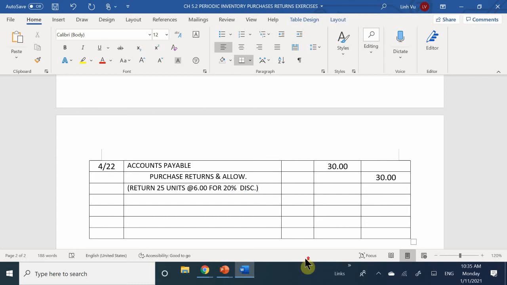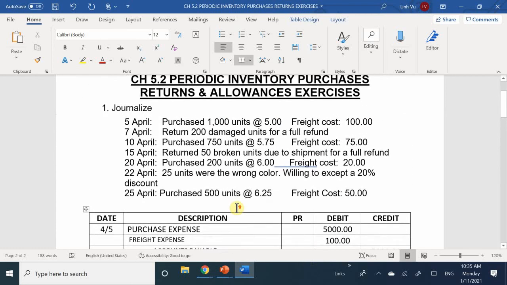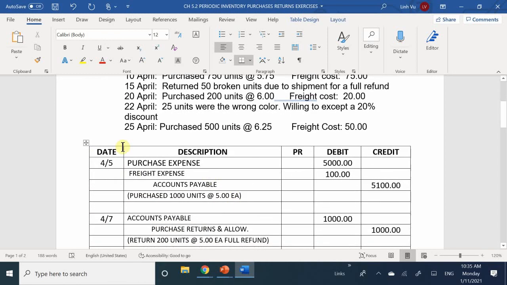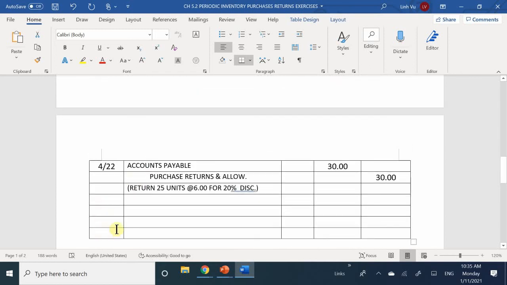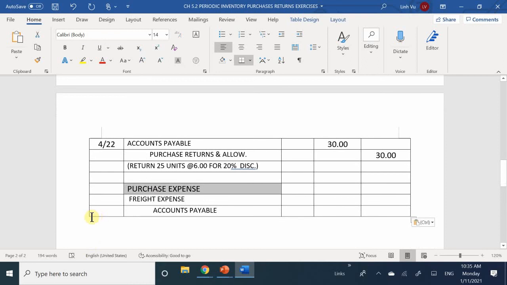All right. And then last but not least, on April 25th, you purchase a total of 500 units at $6.25. Freight's going to cost you $50. So what is my journal going to be here? Purchase expense. Correct. It's going to be for the purchase expense and the freight expense. And I'm going to add one more column for that.